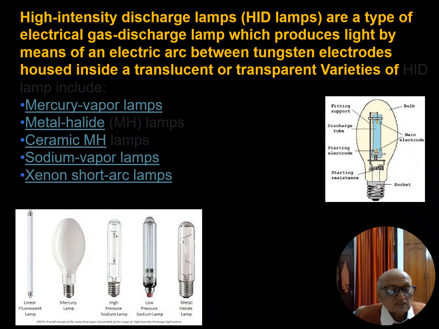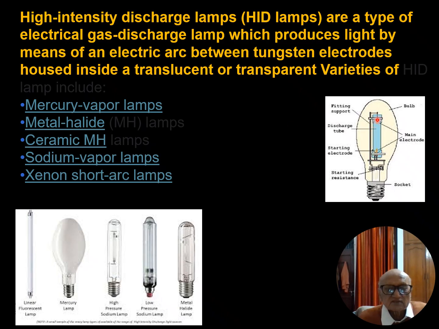As I told in the previous slide, the high intensity discharge lamps, which are known as HID lamps, are a type of electrical gas discharge lamp which produces light by means of an electrical arc between tungsten electrodes housed inside a translucent or transparent variety of the lamp. This diagram is shown here.